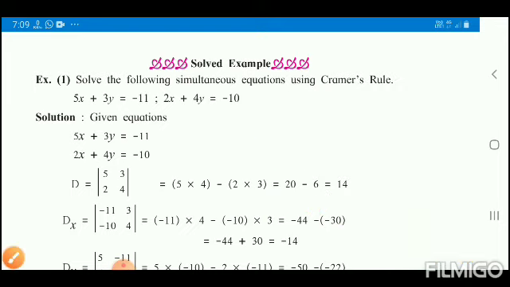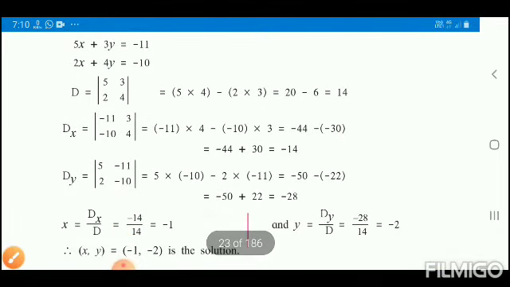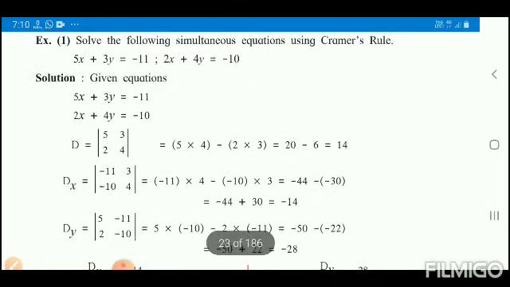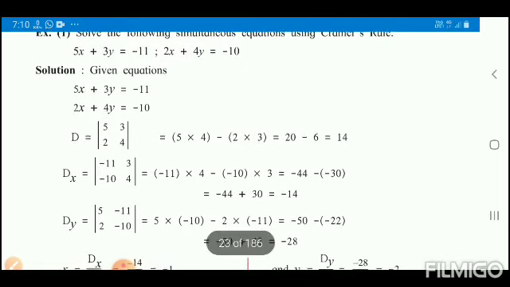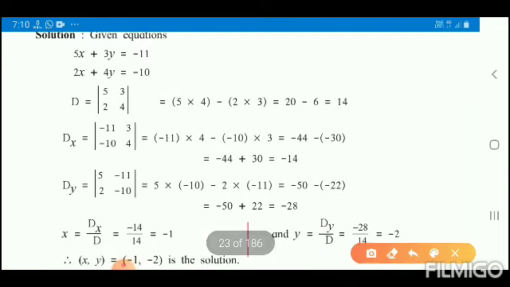Next, the value of Dx: we write it except the coefficients of x. So it will become c1, c2 and b1, b2. Now if you see here, c1, c2, b1, b2, the answer of Dx is negative 14.